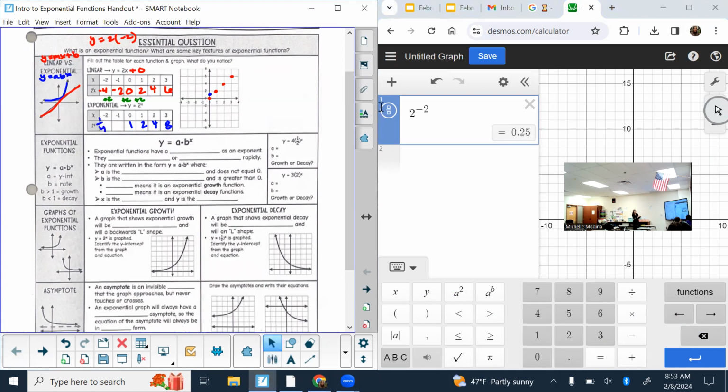And 2 to the -1 is 0.5. That probably won't fit for me either, so I'll just put 1/2. So everyone see how to fill out a table of values. You plug in your x's to the given equation.